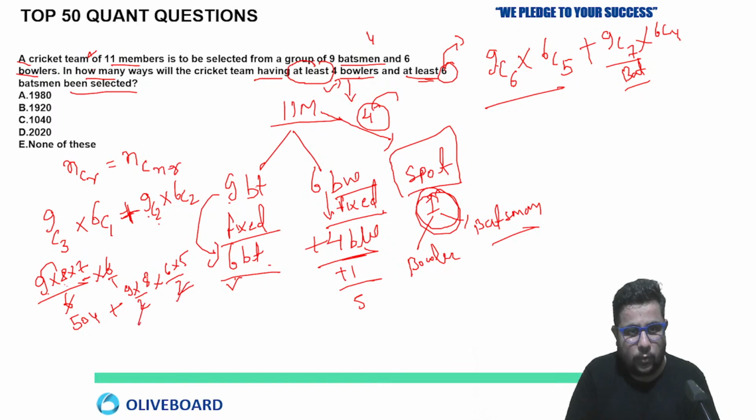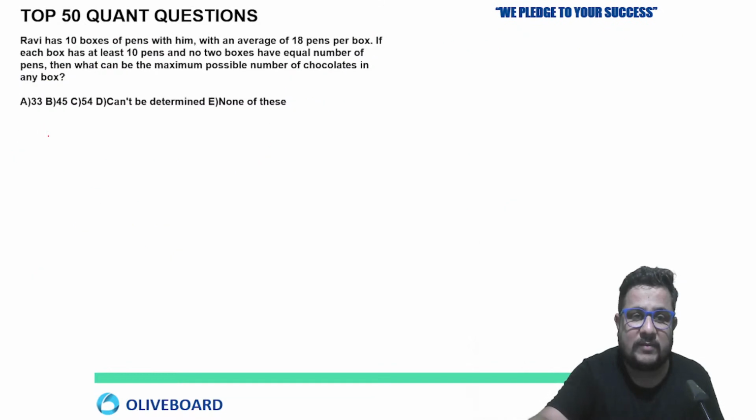So 2 2s are 4, so by 4, this 8 cancels 2 times, 9 2s are 18, 18 6s are 108, 108 5 times gives 540. So 504 plus 540 means 1044, which is not in the options. 1040 is the closest one, but don't get confused in the exam. None of these you have to choose because it is also available.